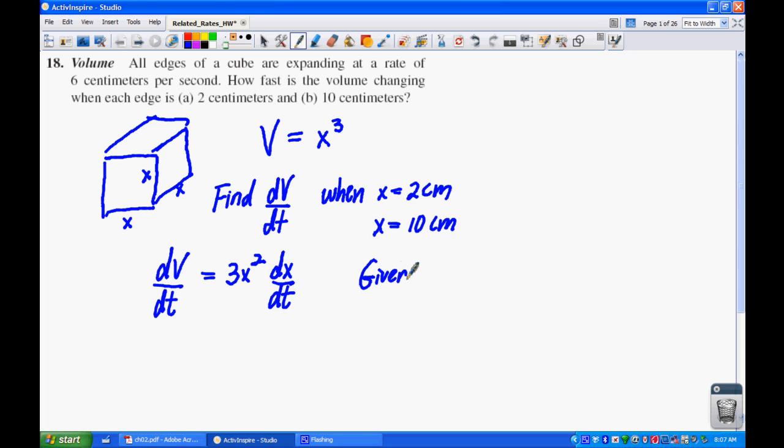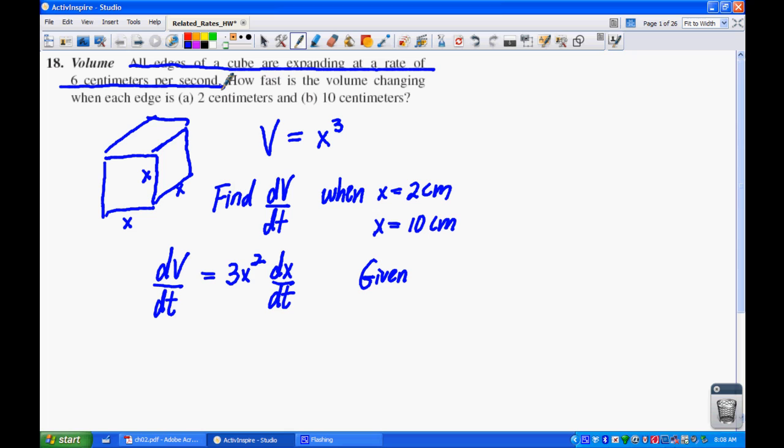So even if you forgot, that's fine. Because for us to find dV/dt, we also need to know how the edges are changing with respect to time. Remember, x is your edge, right? But that was given to you in the problem. All edges of a cube are expanding at a rate of 6 centimeters per second.